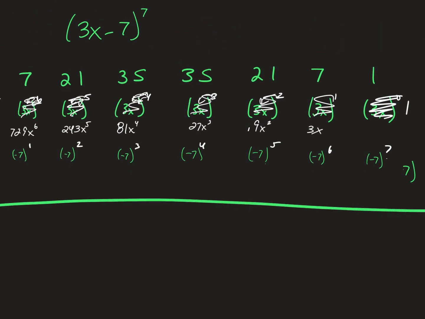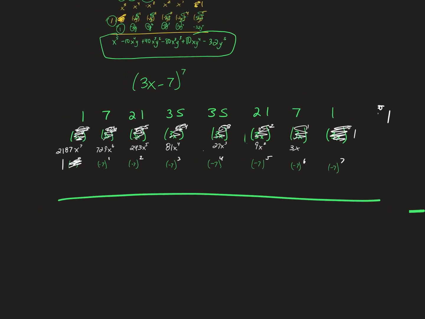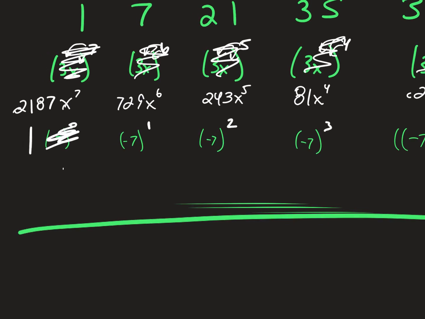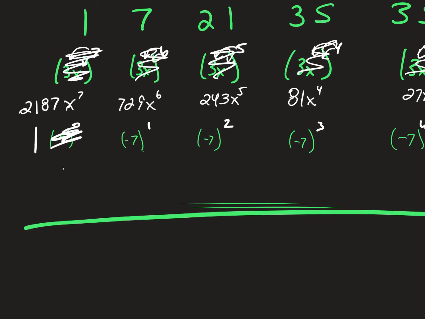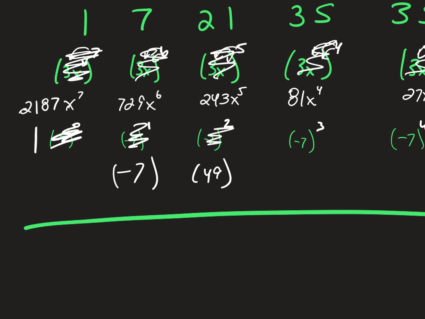Right? Everybody with me? And then let's simplify. Negative 7 to the first power is just negative 7. Negative 7 squared is 49. What's negative 7 to the third power? 343.